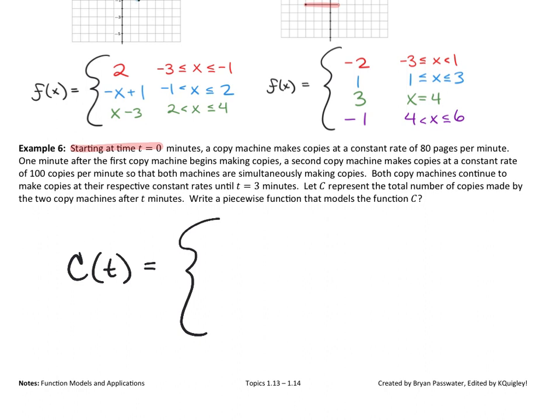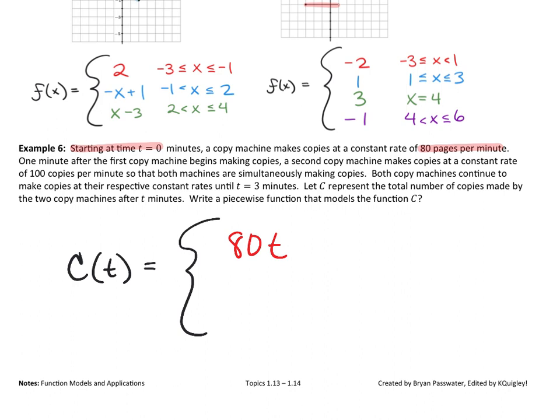We have a copier going at a constant rate of 80 pages per minute. Per is telling me a slope, so I know that that's a rate. What is the equation that would tell me how many copies have been printed, if that is the rate of change? 80 times t. Okay, great. So we have 80t.